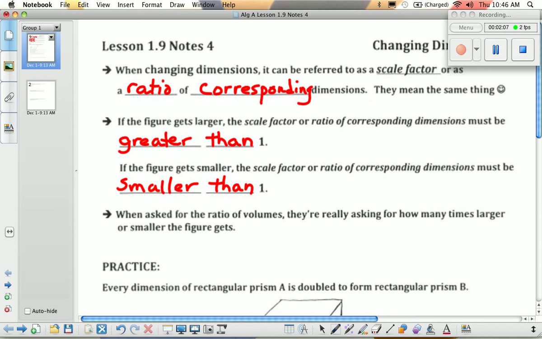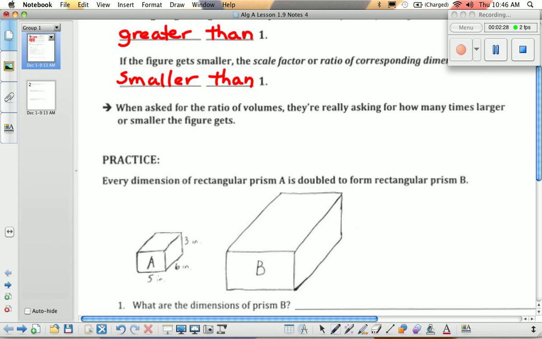I can't just be satisfied with this. I need to say, my scale factor should have turned out to be greater than 1 because the object got bigger. Or vice versa. If it got smaller, then our scale factor better be less than 1. So take the time to process that. That's how you're going to learn it, other than just doing those problems and getting those answers.